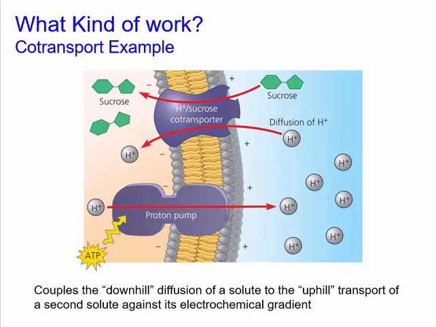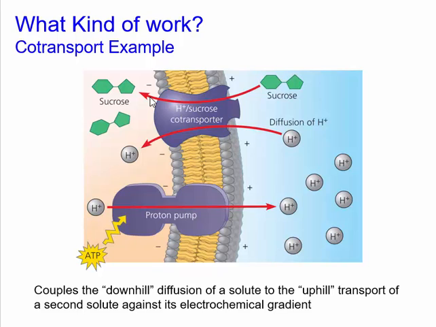So let's take a simple example of that. So hydrogen here is going to diffuse down its gradient, and it's going to do so through, in this case, this co-transporter, or symporter. And what it's going to take with it is sucrose. Sucrose, in this case, is being moved against its concentration gradient.